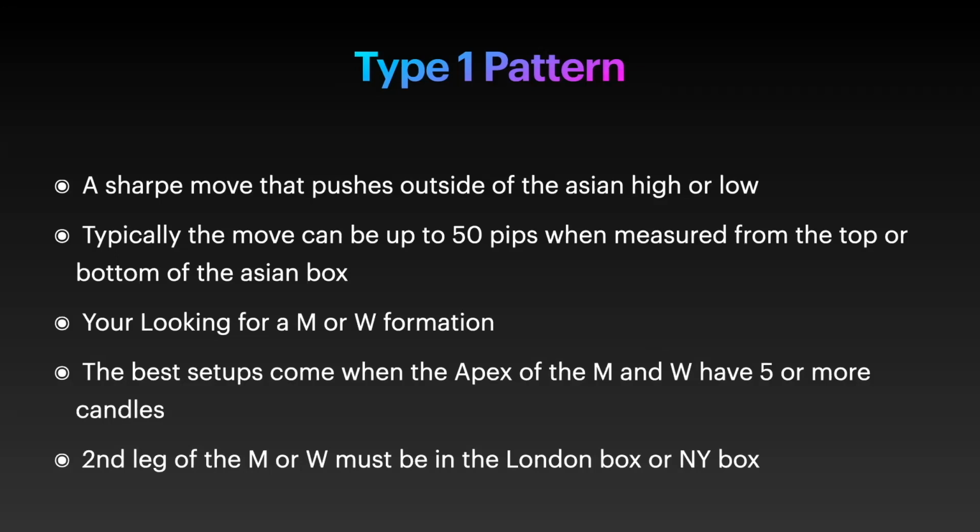When we get into the charts, I'm going to show you the boxes. But an important aspect of this pattern, the ones that are producing the good trades, is that the second leg of the M or W has to be in that box. This gives you a set of rules, a structure to follow.